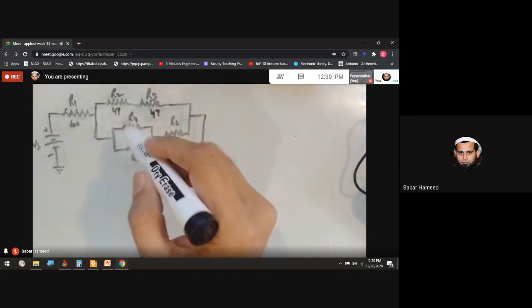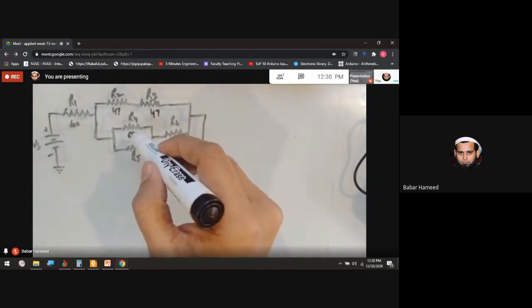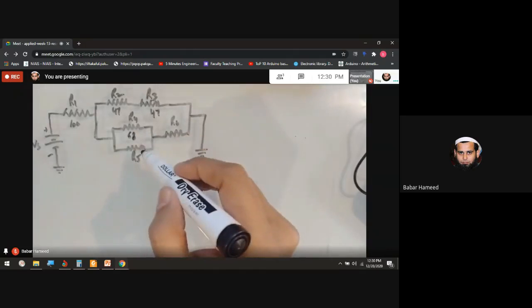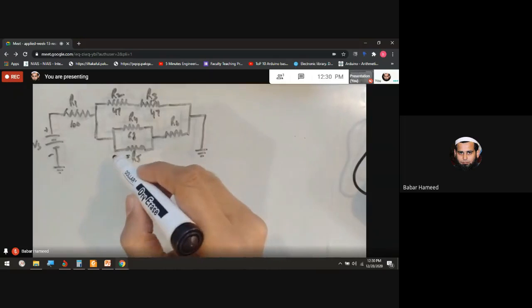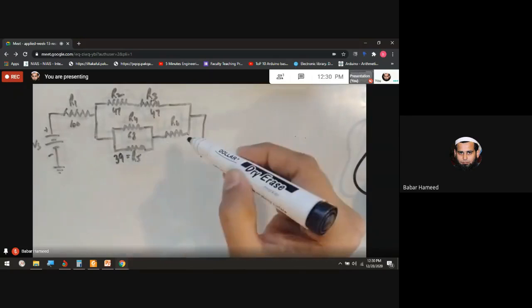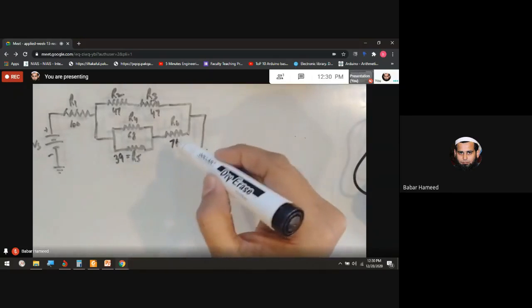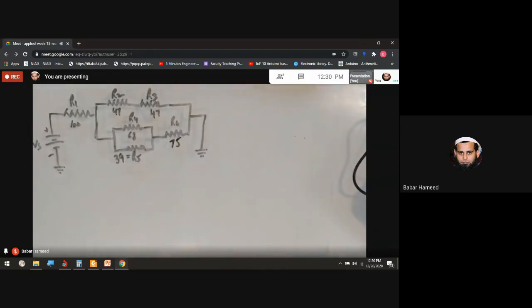To make it clear, I am writing ohm with them. 75. Now you can see which resistance combination is in series without disturbing the connection.